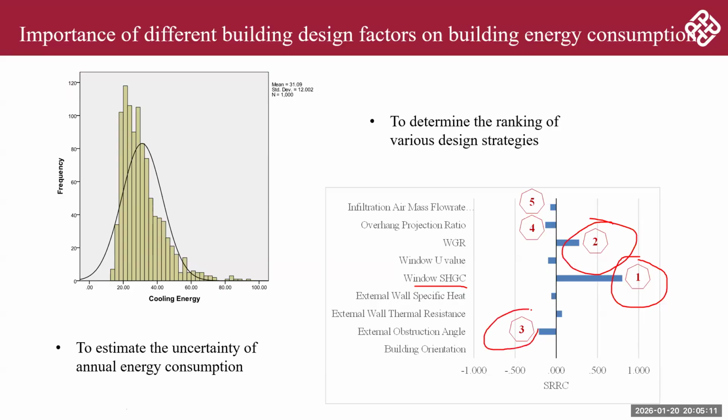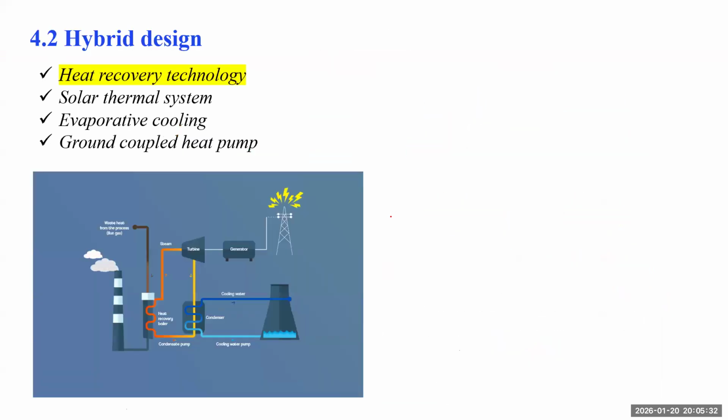The third is whether there is shading or not, shading or overhang. These are just to let you know we have methods and strategies. We can identify the best practice for your building. So that's for that.